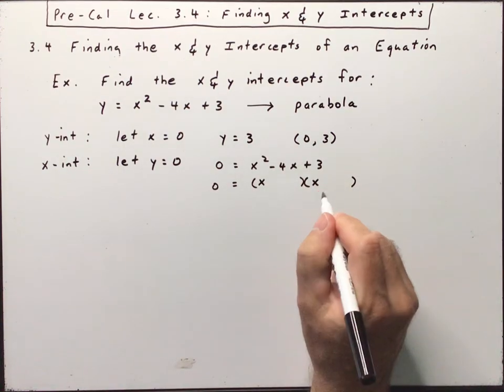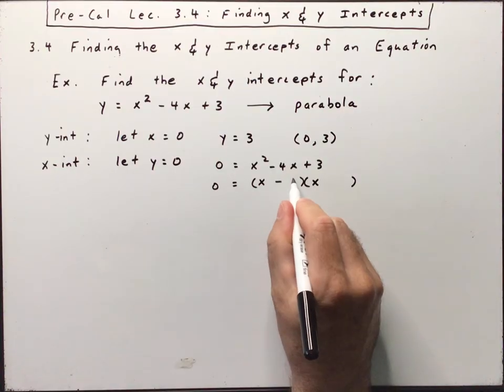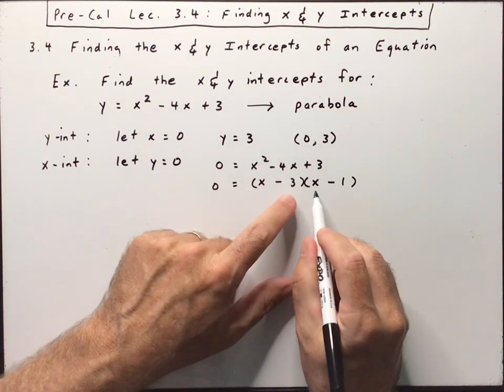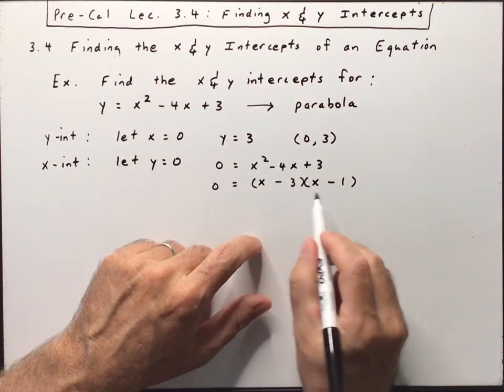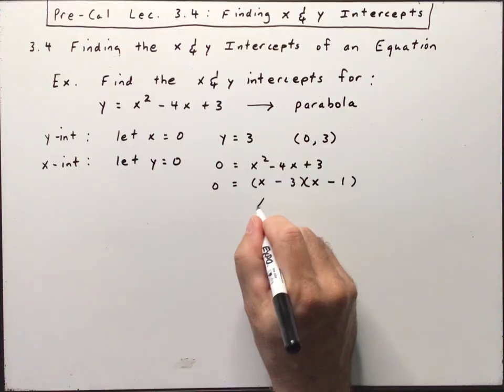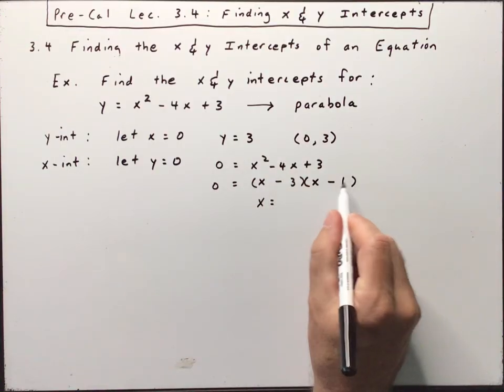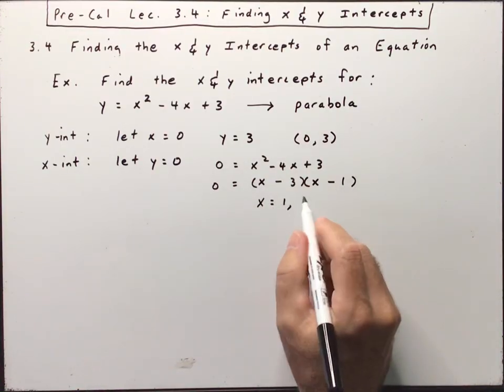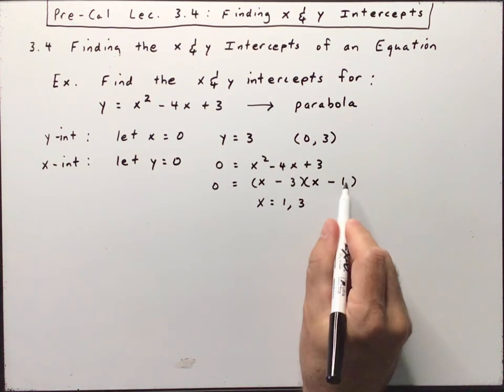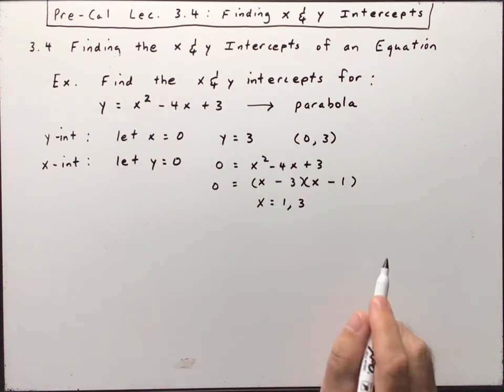So you've got x, x. How about minus 3, minus 1? So that'd be x squared minus 3x minus x. That'd give you negative 4x, and negative 3 times negative 1 would give you positive 3. So x is equal to 1 and 3. Right? 1 would make this parenthesis 0, 3 would make this parenthesis 0.